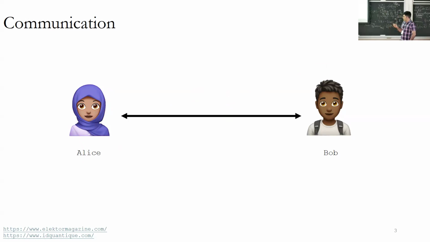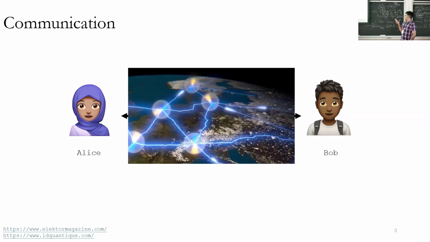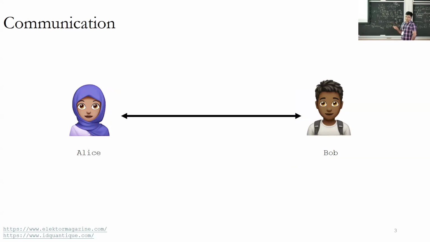But the problem is that if it was easy, we probably would have built a quantum network up to now. Unfortunately, going back to the simple task, we are still struggling to finish this task properly.